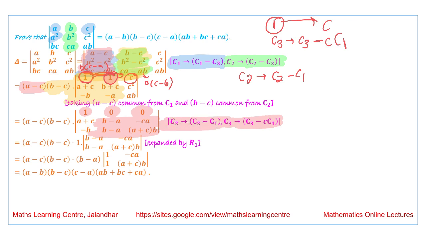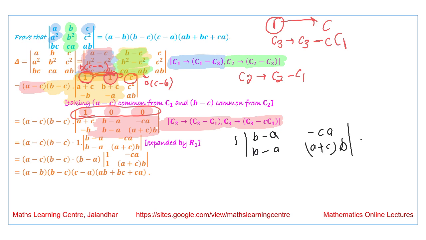Now if we open this determinant along this first row, what we are left with is 1 into B minus A, B minus A, minus CA, A plus C into B. Now we can take B minus A common.